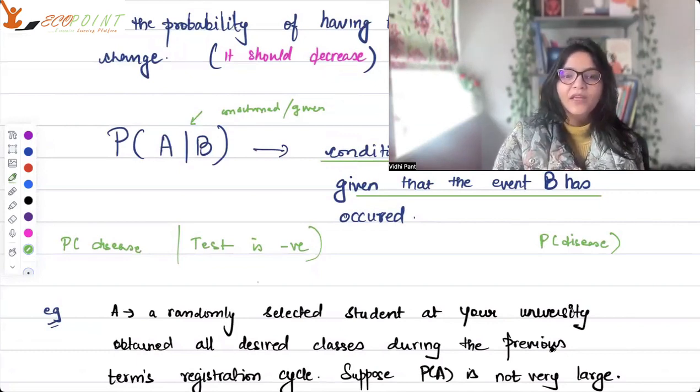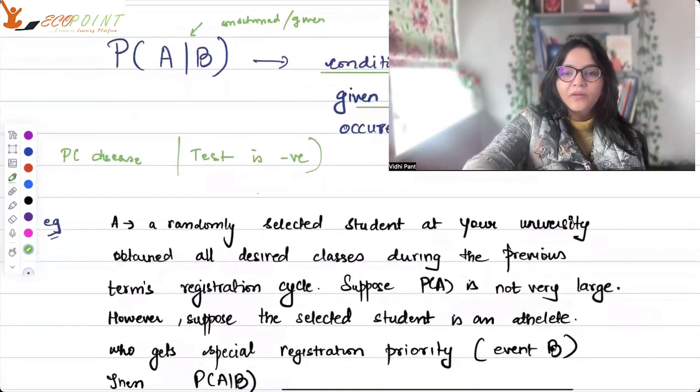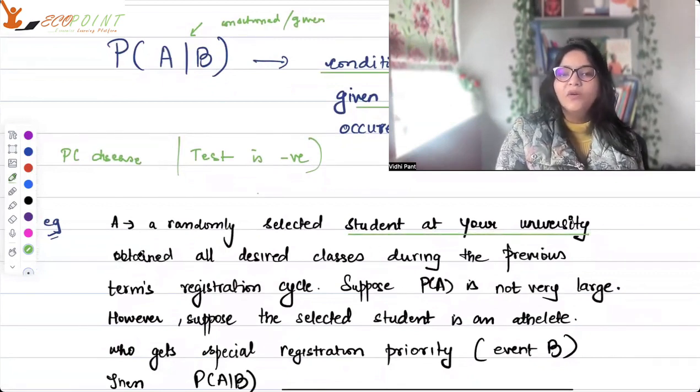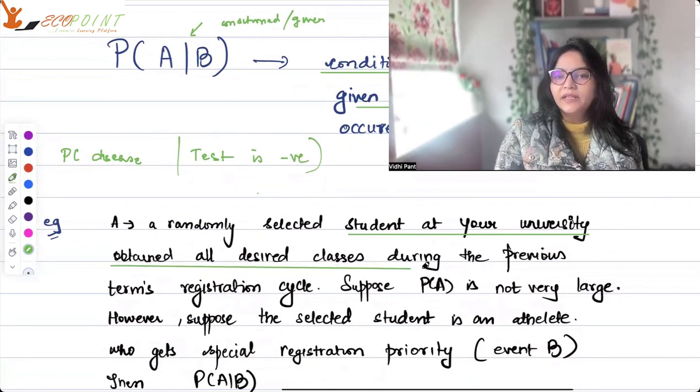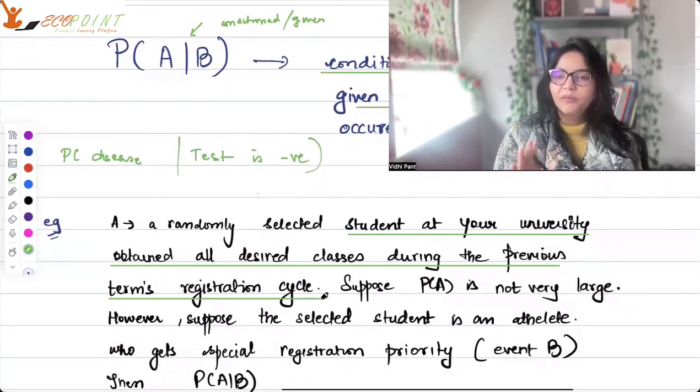Let's see. Suppose this time A is the event that a randomly selected student at your university obtained all desired classes during the previous term's registration cycle. Suppose probability A is not very large.